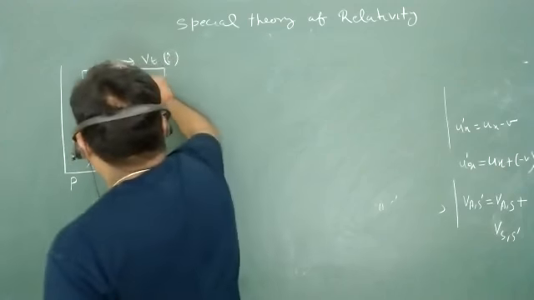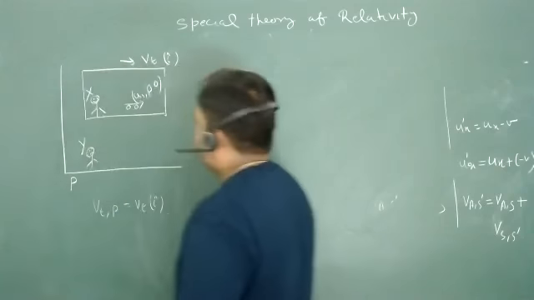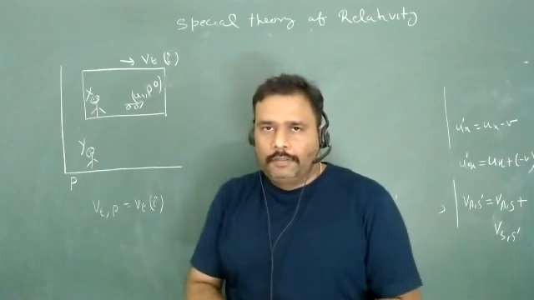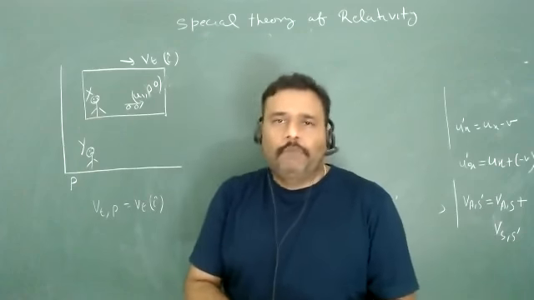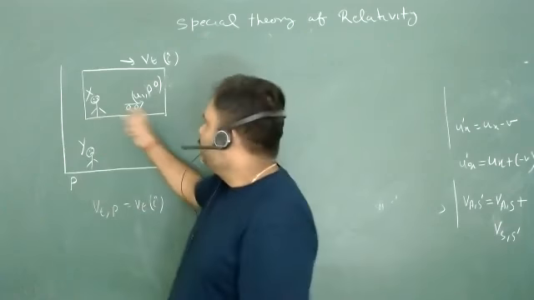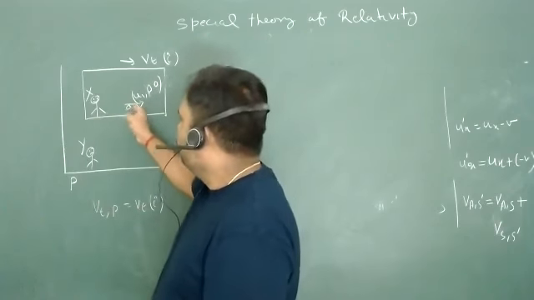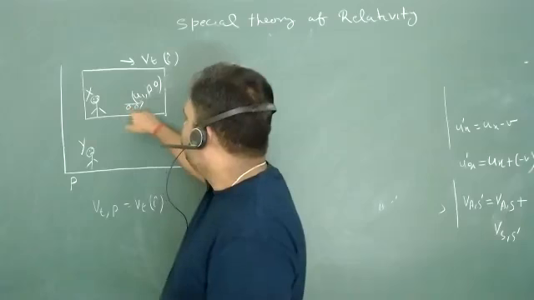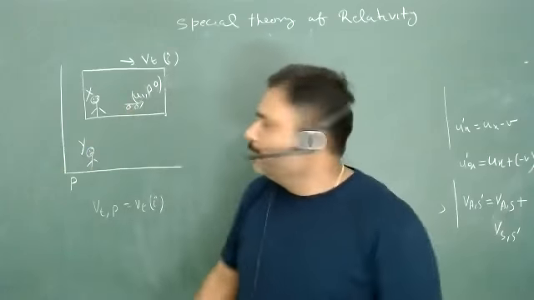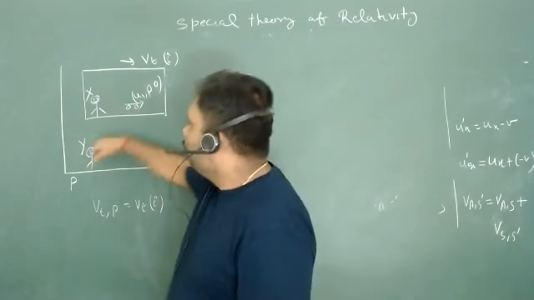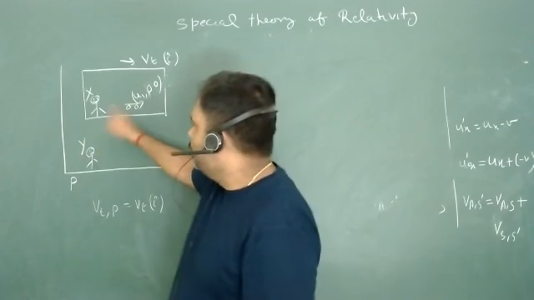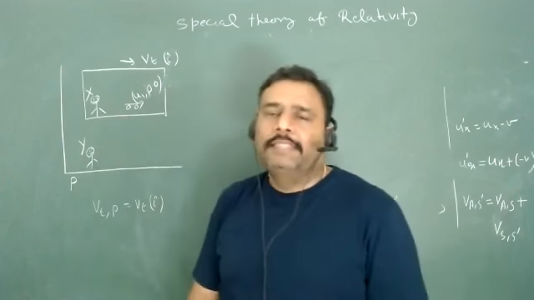He measures the speed of the car and says, with respect to me, the speed of the car is u1. He calls his uncle and asks, uncle, what will be the speed of the car with respect to you?